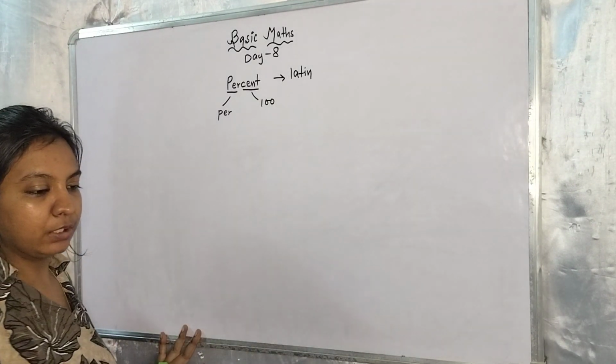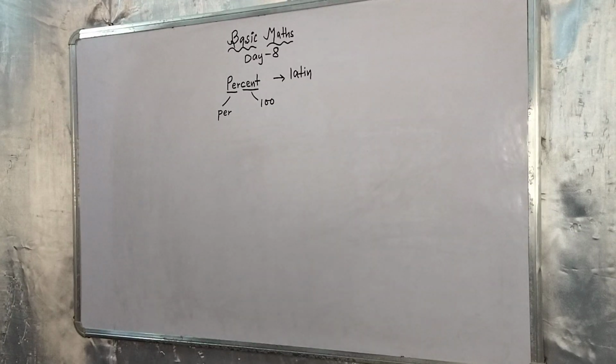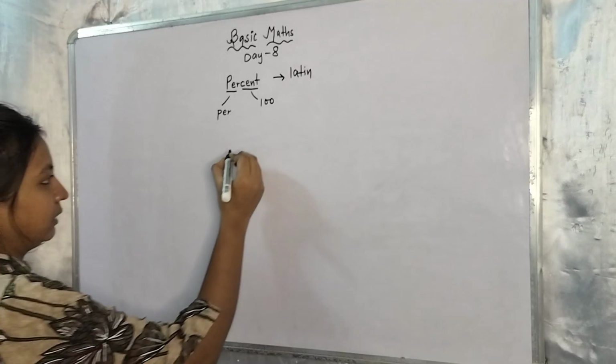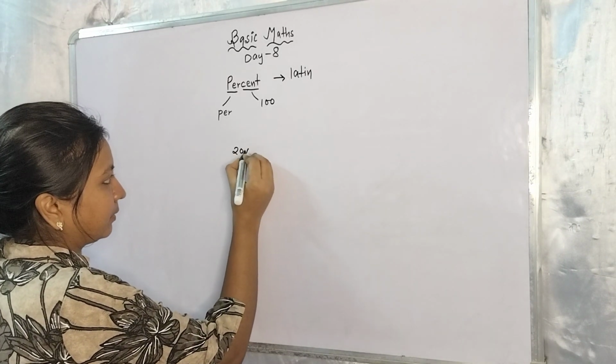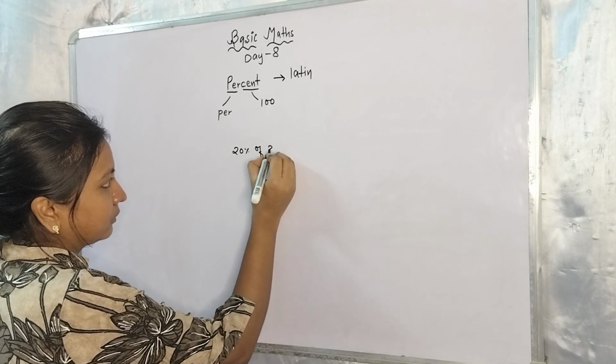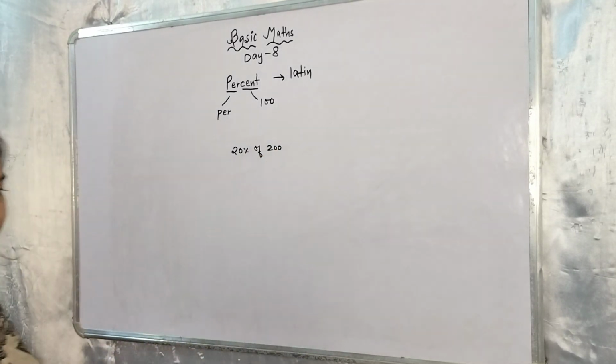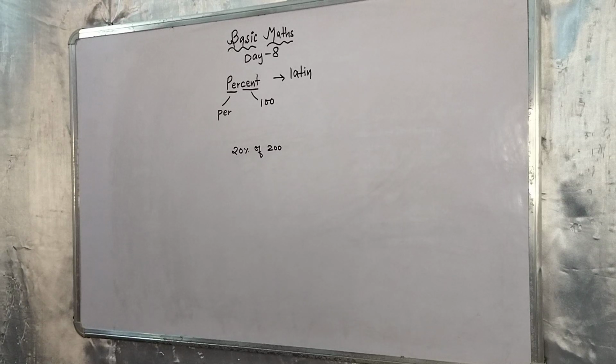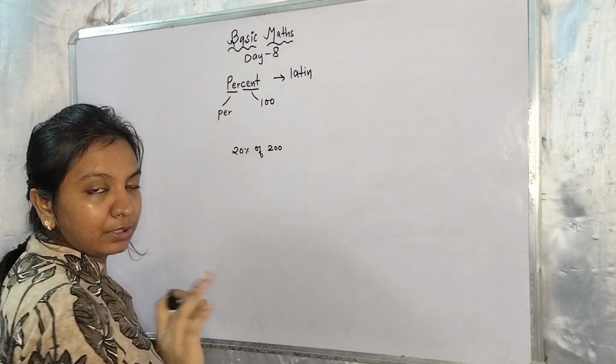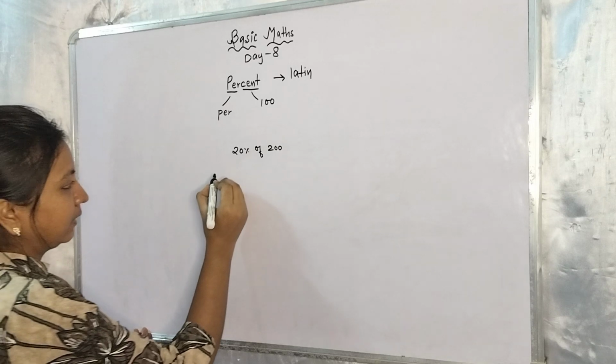For example, if you are told to take out the percentage, what will be 20% of 200? Fine. 20% of 200. So now there is a formula.